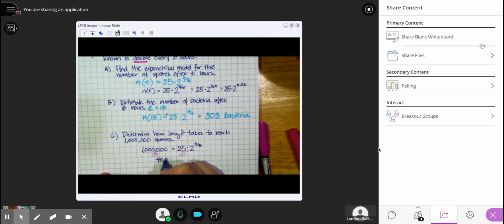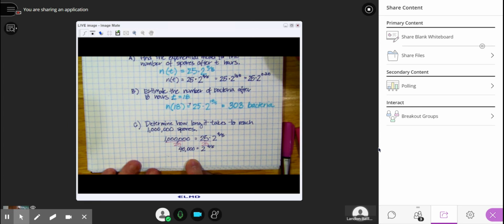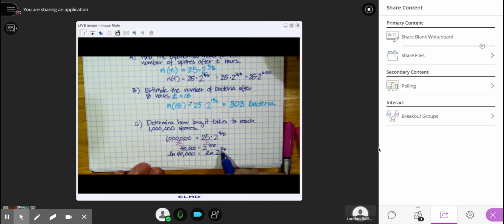When I do that, I have 40,000 is 2 to the T over 5. I need to bring that exponent down. So to do so, I can either use the natural log or the log base 10. I want one I can use in my calculator. I'm just going to use the natural log because I'm lazy and it's one less letter. This allows me to bring my T over 5 down.